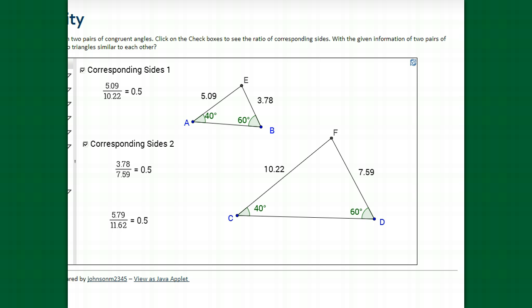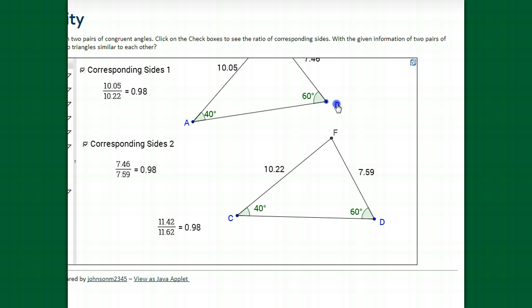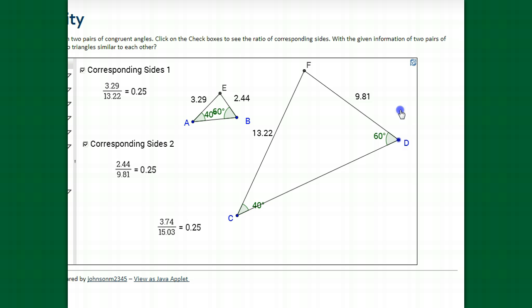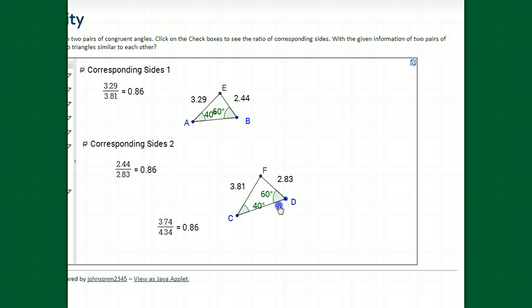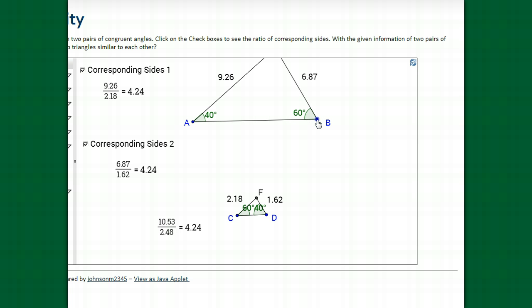And this ratio right here is the third side. It's side AB over side CD. Notice how all three pairs of corresponding sides have an equal ratio. It doesn't matter how big, how little the triangles are. We have corresponding sides. All three of them have an equal ratio. So these two triangles are similar to each other.